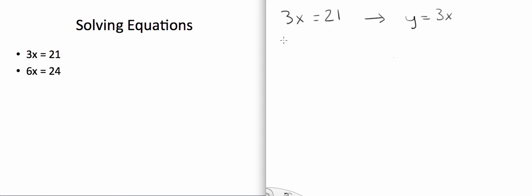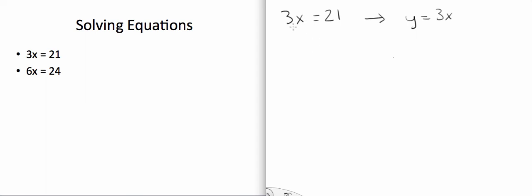So what we're asking for is what x value in our table gives us an answer of 21. Some people say, well, I can just make a table and count up by threes and figure out which value gives us 21. But we can use our algebra concepts, or we can use operations, and solve this problem.